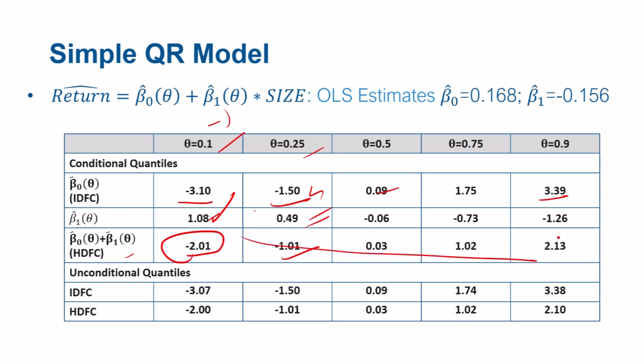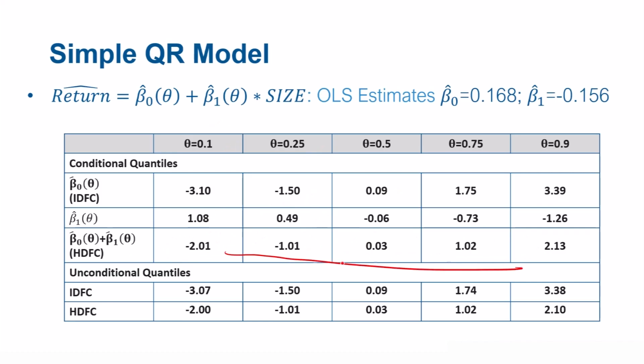Now, without running this regression, if I take the returns separately and apply the quantile function, which R and Python both have, you can break them into 10, 25 and so on. This is what we call unconditional quantiles. The earlier ones were conditional quantiles because we ran them conditional on the size variable. Now we run them separately, unconditionally, and we get a very similar result, which means our experiment was true.